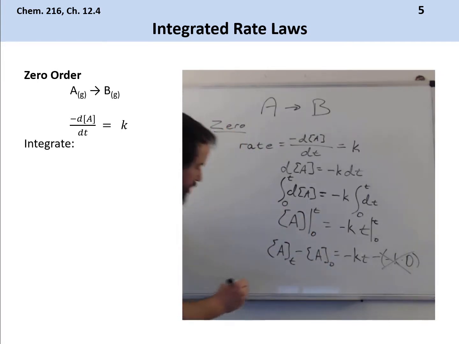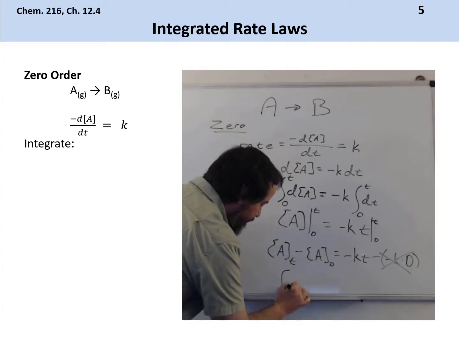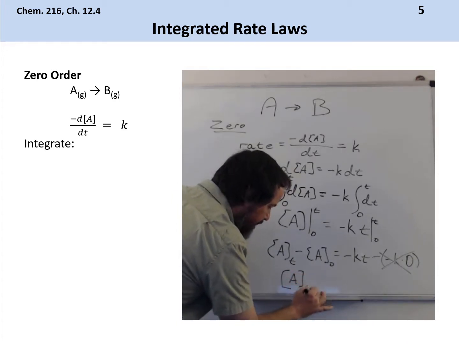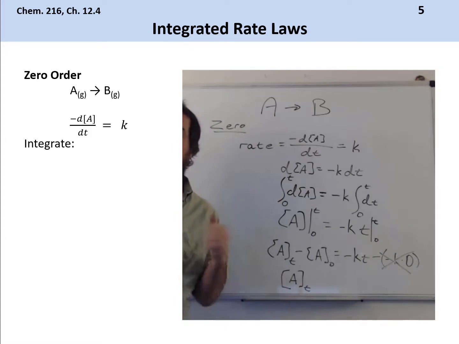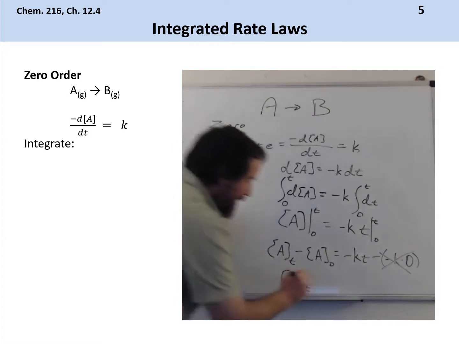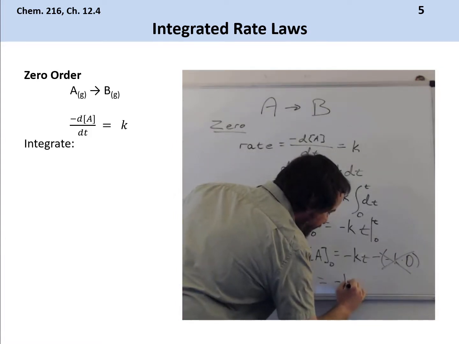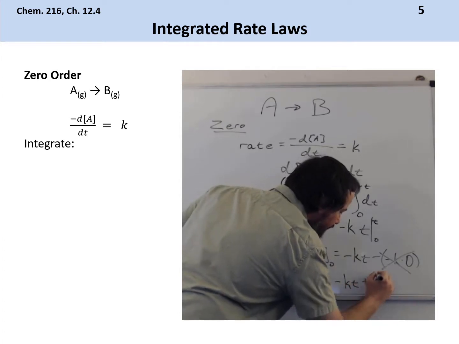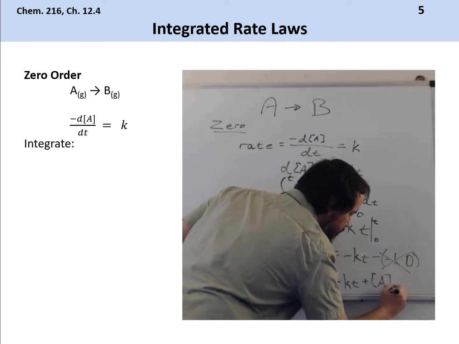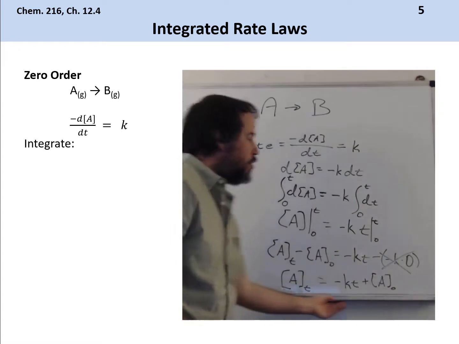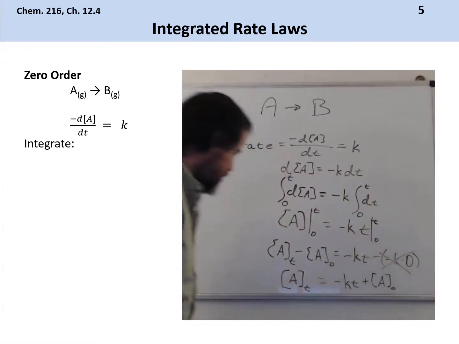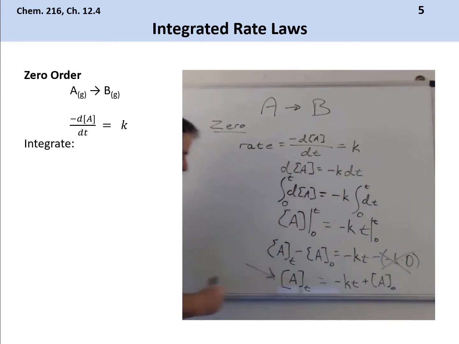I can rearrange this such that I get A at time t, the concentration at time t, is equal to negative kt plus my initial concentration. So this is what we call the integrated rate law. This is the differential rate law, and this is the integrated rate law.